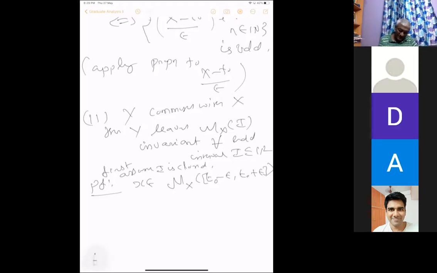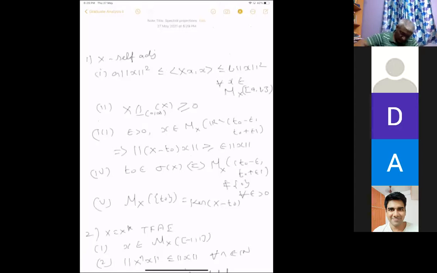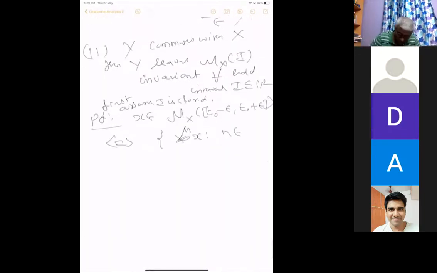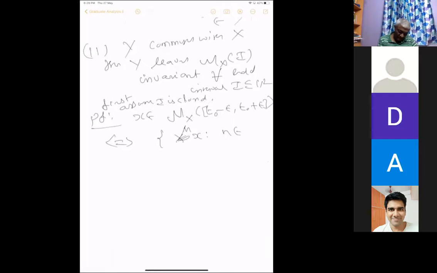So x is in this interval is equivalent to saying x power n, we have to shift it, no? (x minus t0) by epsilon power n x is bounded.